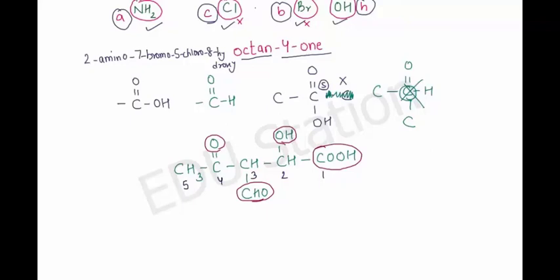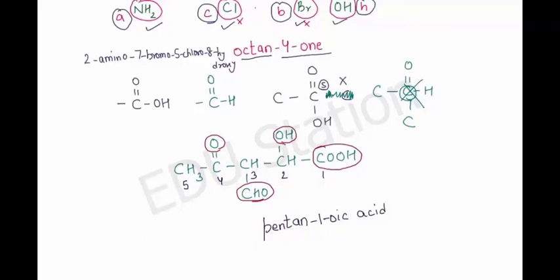That will be pent. All single bonds between carbon, this will be pentane-1-oic acid. There will be space between oic and acid. Otherwise, in the entire organic name there is no space, but every time a number meets an alphabet or an alphabet meets a number, there has to be a hyphen.